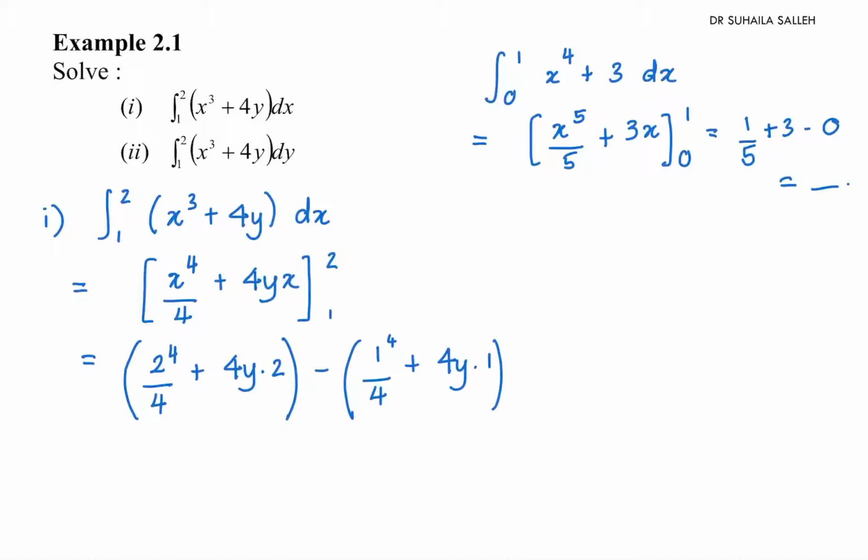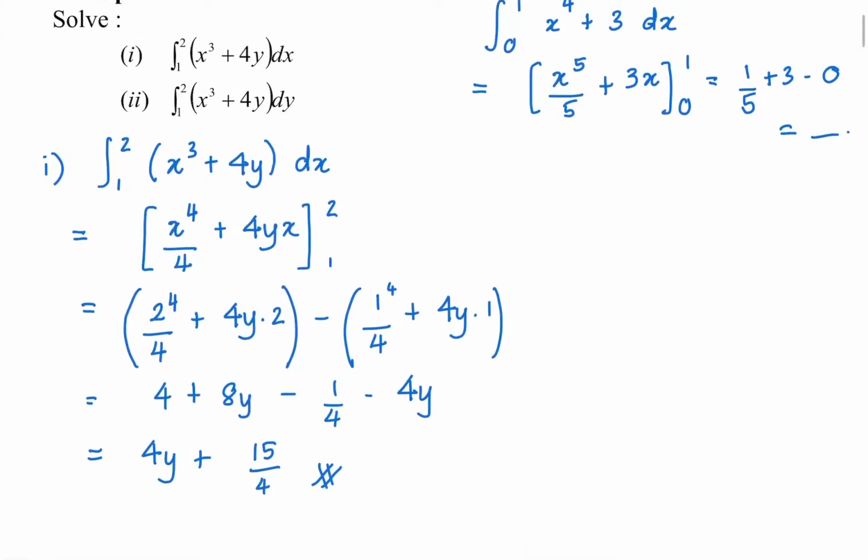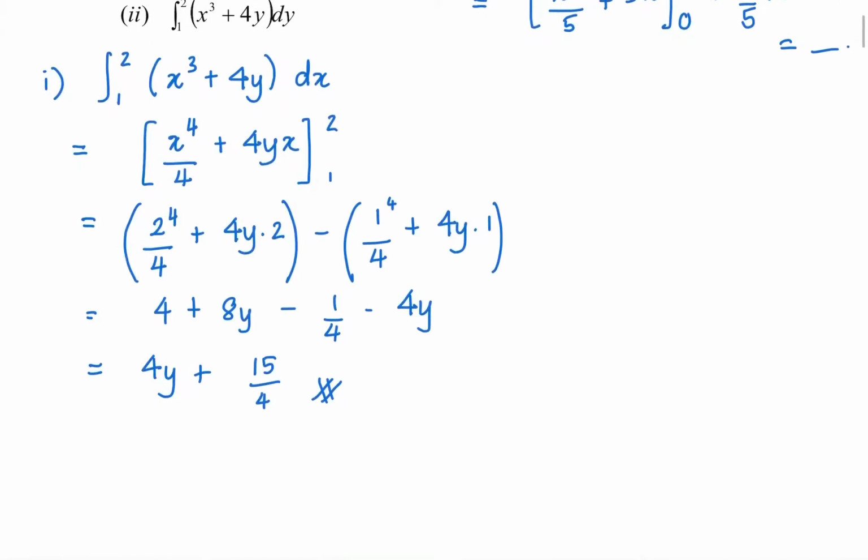Alright, so solving this, I have 4 plus 8y, take away 1 over 4, take away 4y. Our answer is 4y plus 15 over 4. Okay, so let's do the same question, the same function, but now we are integrating with respect to y.